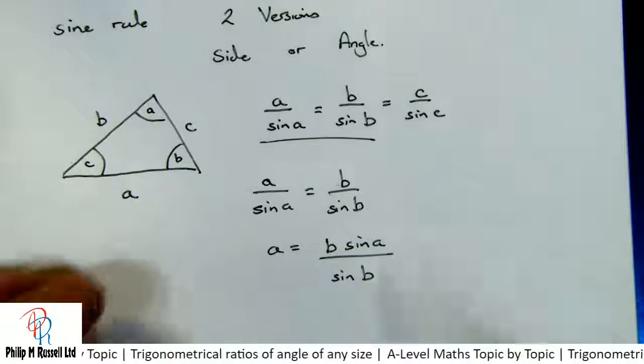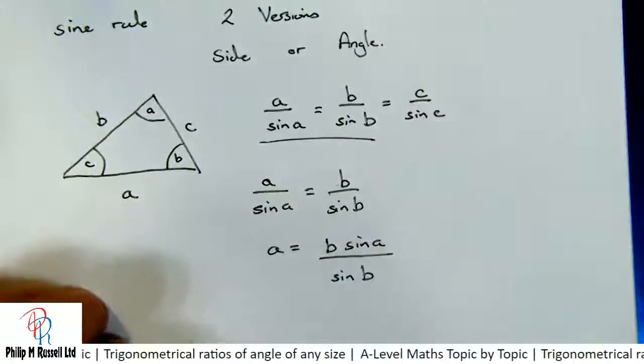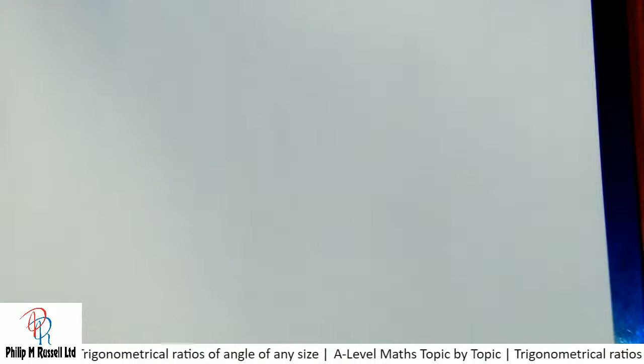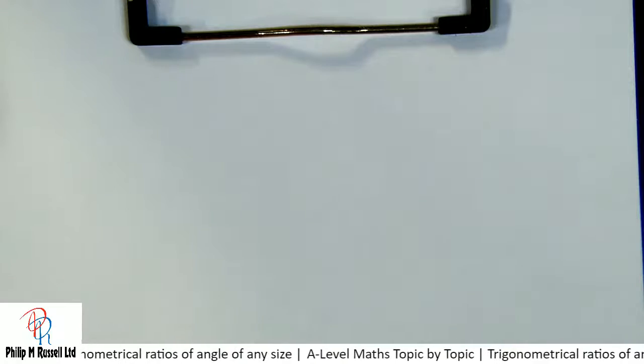If I want to do the sine rule using this to find an angle, then it's easier if we take this ratio and turn it upside down.